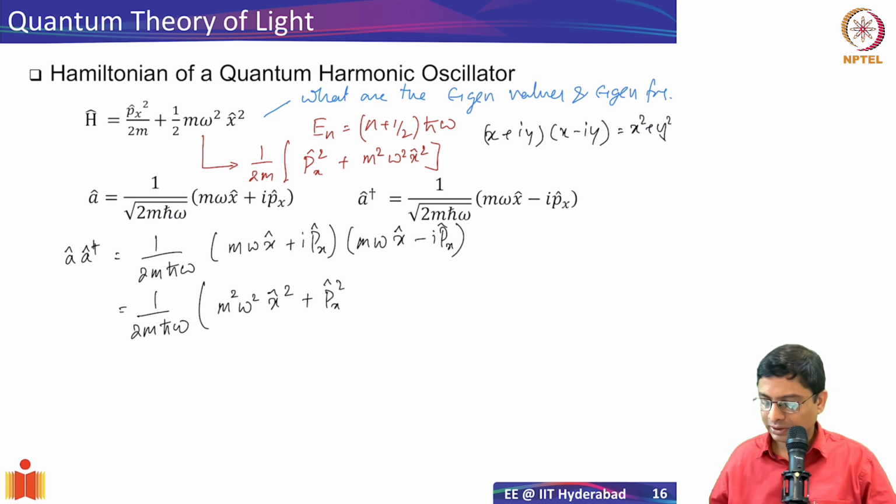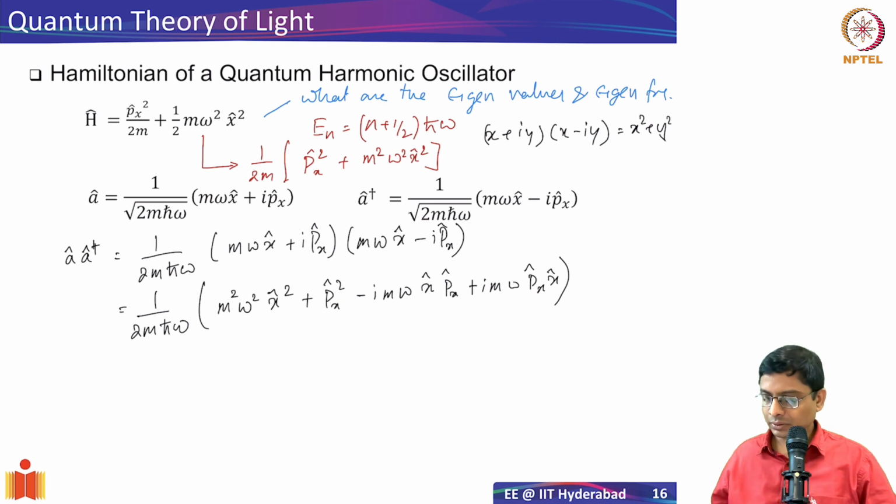This is the Hamiltonian part. But in addition, you also have these other terms: minus I m omega x cap p cap, plus I m omega px x cap. This is what I have.